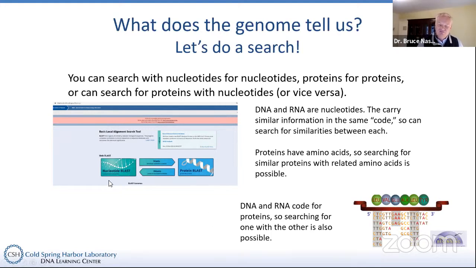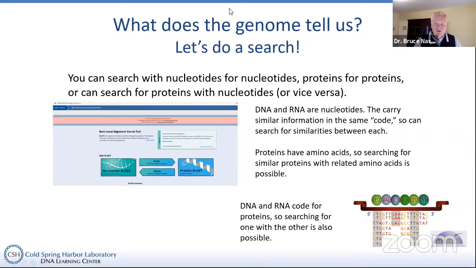Because DNA codes for RNA, and because DNA and RNA code for protein, you can do searches of DNA with DNA, or of DNA with RNA, or vice versa. And you can also look for nucleotides with a protein sequence, because if you know the amino acids, you can figure out what the possible nucleotides that code for them are. And that allows you to search in between proteins and nucleotides, okay?